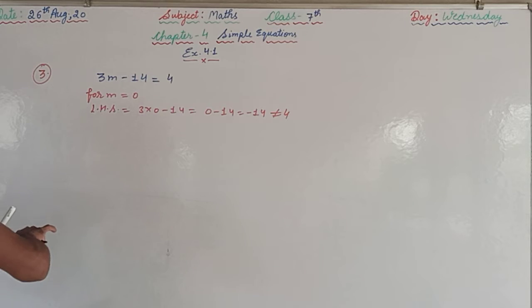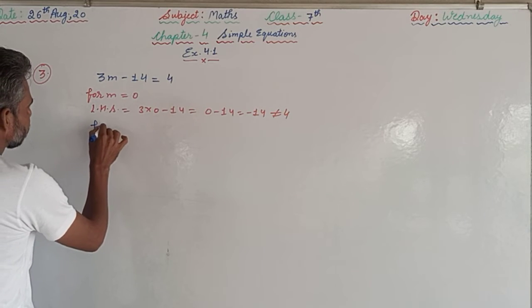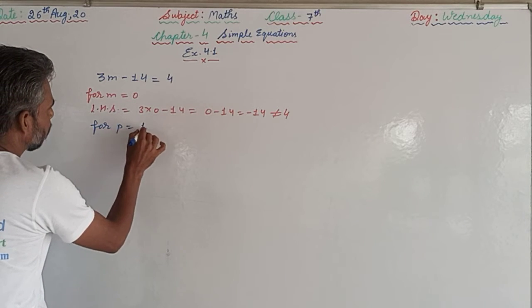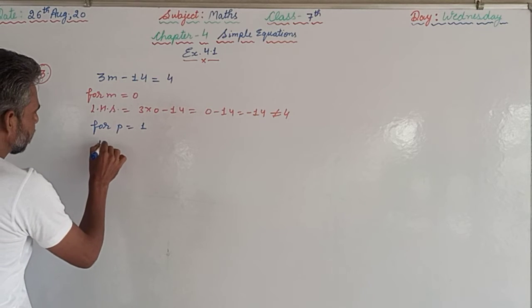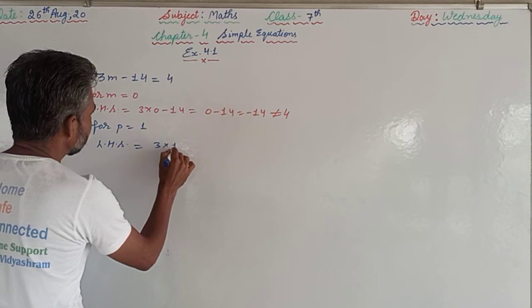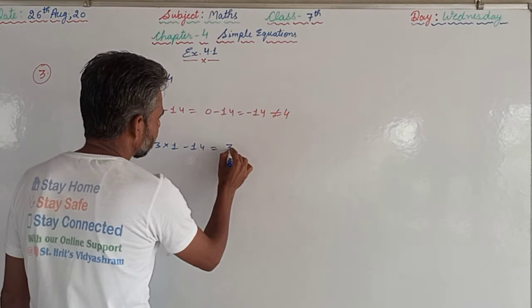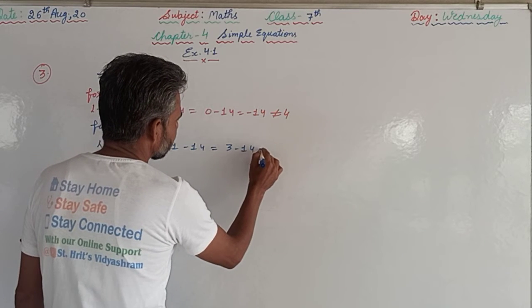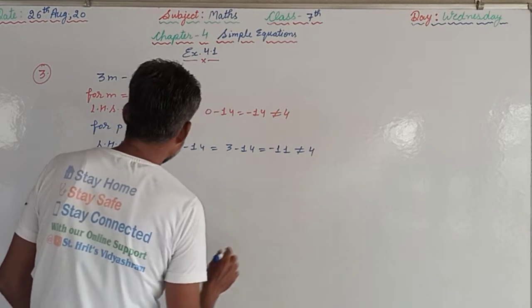Now afterwards we are supposed to take the next value, that is 1. So left hand side we are supposed to proceed in a proper manner. Left hand side is equals to 3 into 1 minus 14 is equals to 3 ones are 3, minus 14 is equals to minus 11. Again that is not equals to 4.